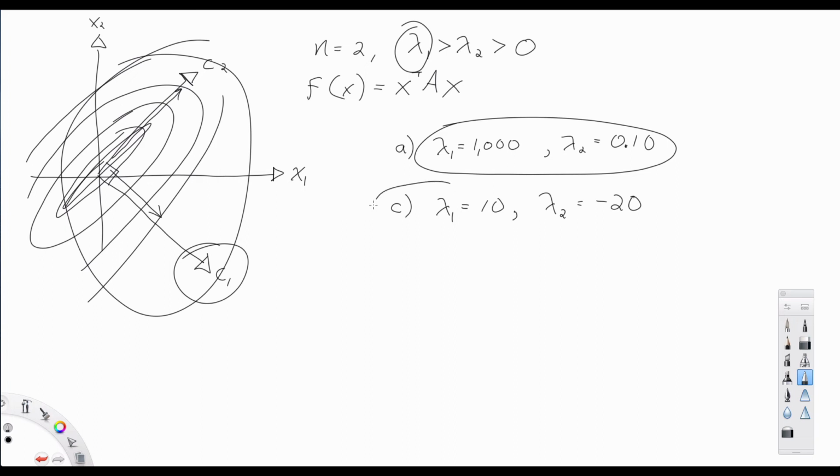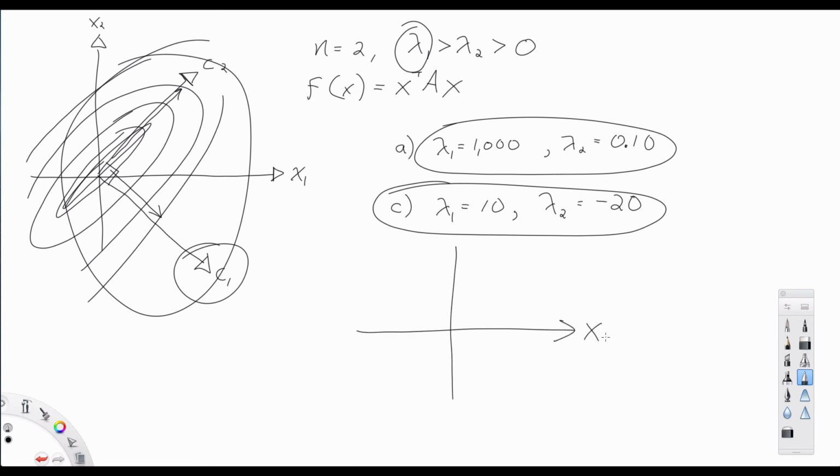Now, if we look at case C, the magnitudes are pretty similar, but we have different signs. So that means if we move in the C1 direction, we are increasing. If we are moving in the C2 direction, we are decreasing. So what does that mean about the shape?